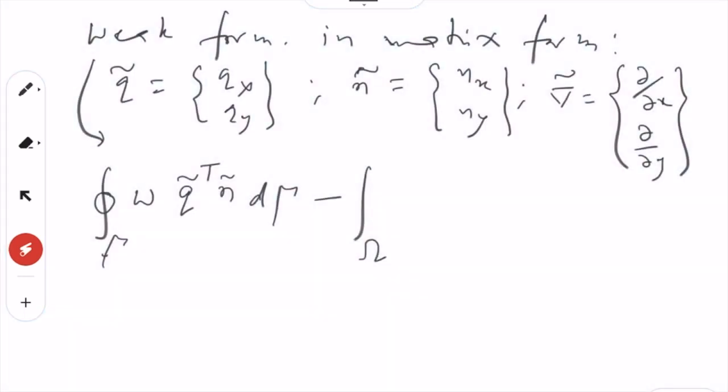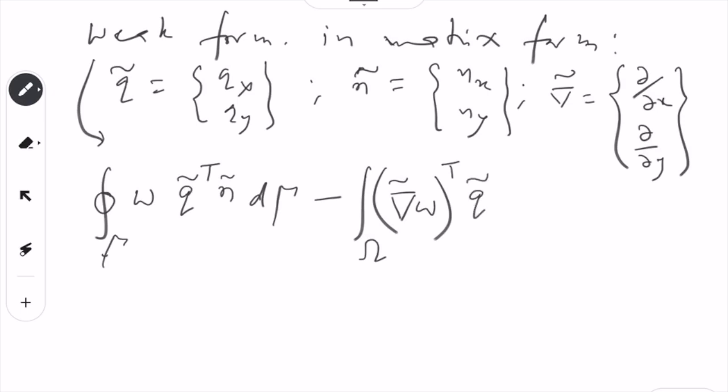So that means here we will write like this, del tilde w, so that really means we have this form 2 times 1, but we have to write there is a dot, so here you get transpose and then q tilde, d omega.